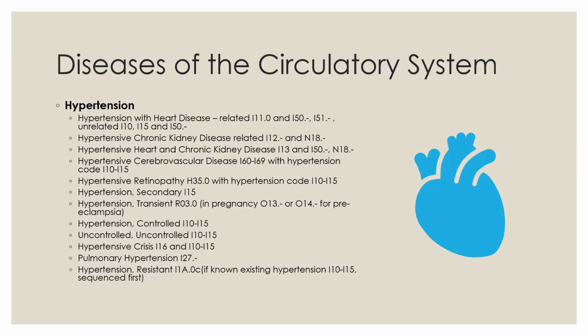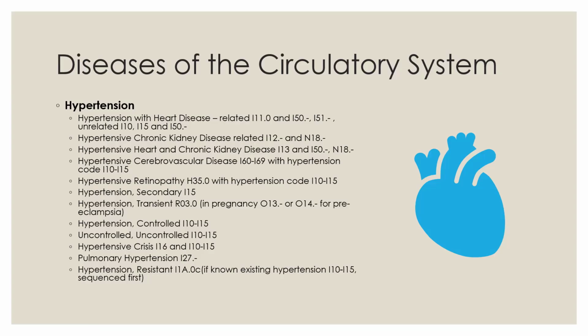Number 12, and the final section for hypertension, is for hypertension resistant. Resistant hypertension refers to blood pressure of a patient with hypertension that remains above goal in spite of the use of antihypertensive medications.